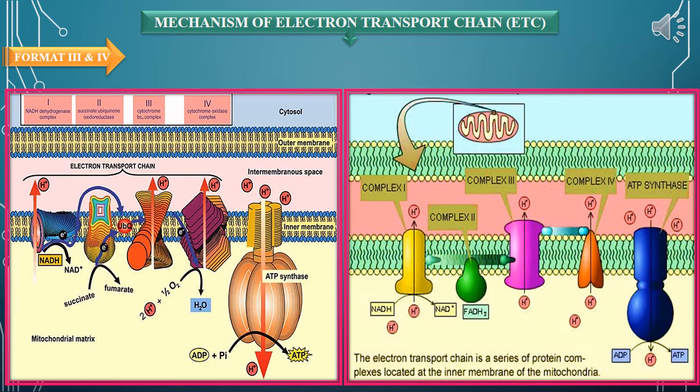NADH and other byproducts come from the mitochondrial matrix through the Krebs cycle, and the released byproducts are involved in the ETC chain for synthesizing ATP. ATP is synthesized because of increased hydrogen ion concentration in the intermembrane space, so that ATP synthase is activated for releasing ATP as a high energy molecule.